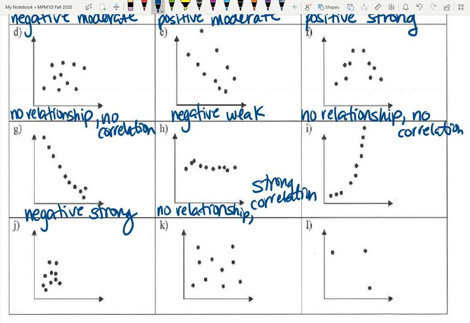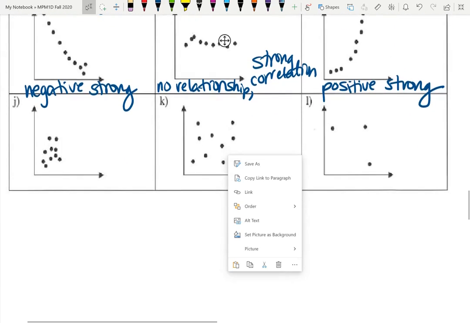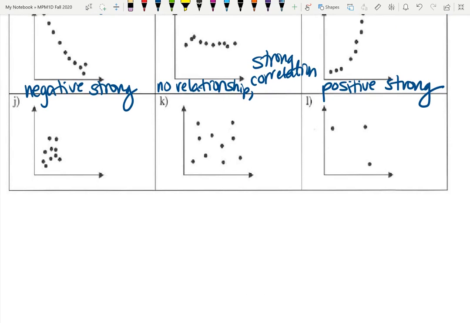Next, this is definitely a strong positive. Positive, strong, strong, positive, same thing. Relationship. Okay, next, I don't see a relationship. And I don't see a correlation.